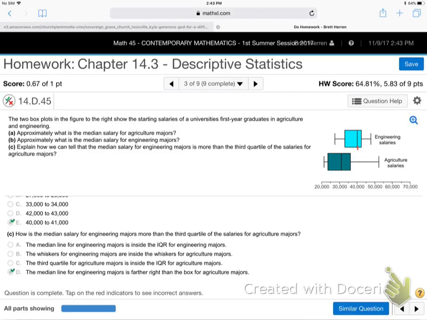And so again, here's the average engineer. Here's the Q3 for the ag. And the median line for the engineer major is further to the right than the box for the ag. That's true. That is what we see on that.